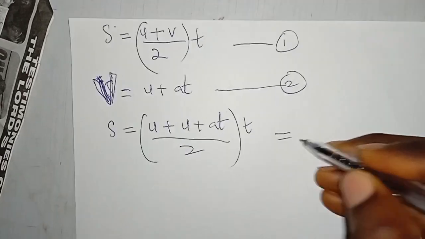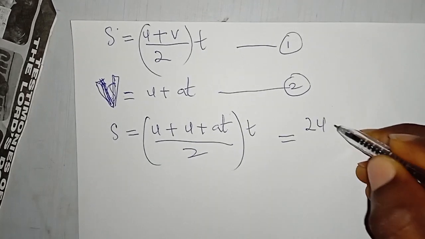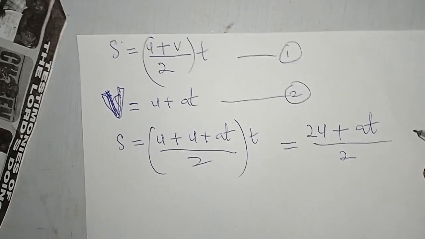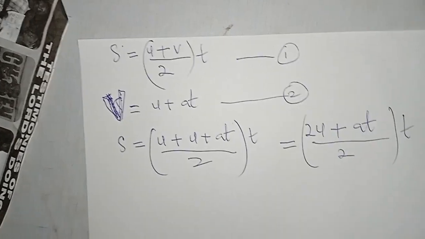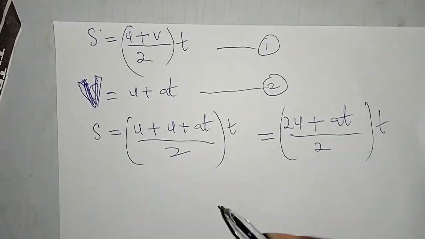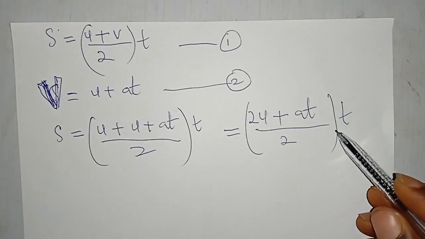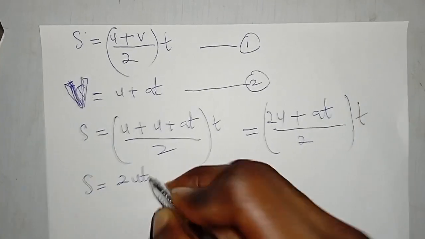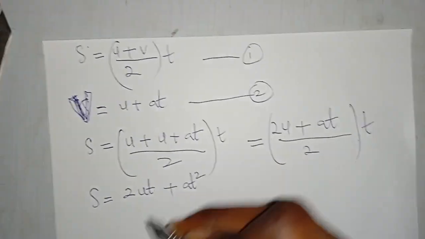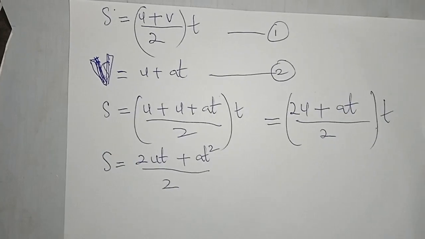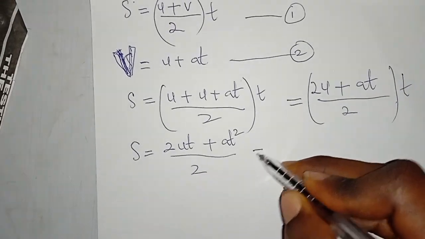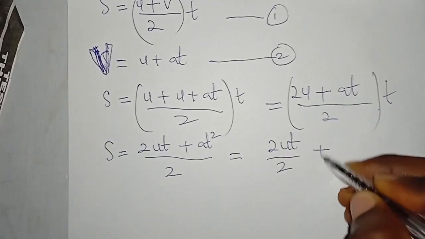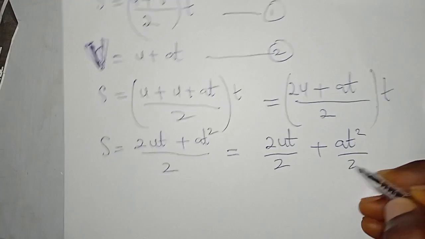So this becomes (2u plus at) all over 2 times t. Now notice that the t outside will multiply everything here, so that you now have s is equal to (2ut plus at squared) all over 2. Now s is equal to 2ut over 2 plus at squared over 2.